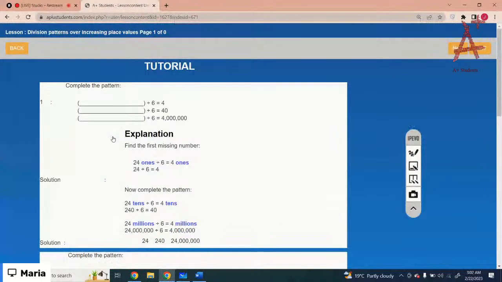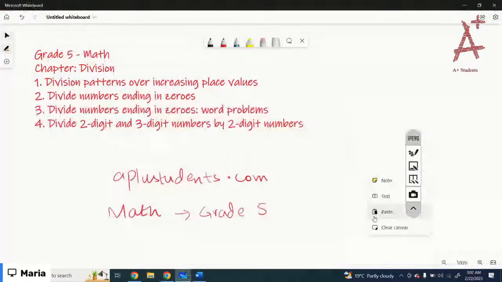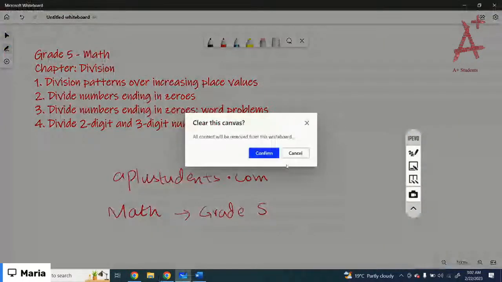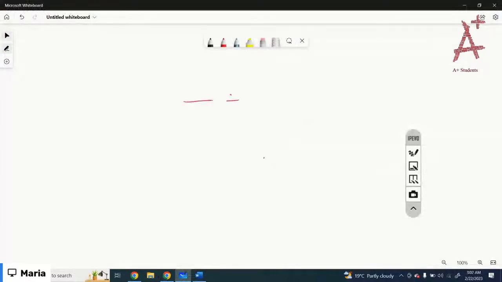We have to complete the pattern. We have to look for a number that can be divided by 6 and the answer equals 4. So which number divided by 6 equals 4? You have a missing number divided by 6 equals 4. You have to find this number.